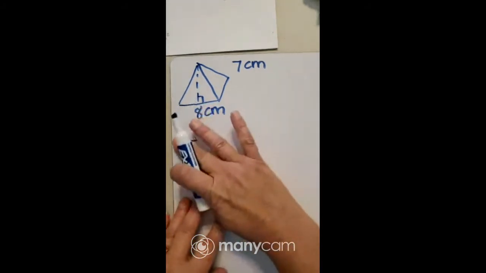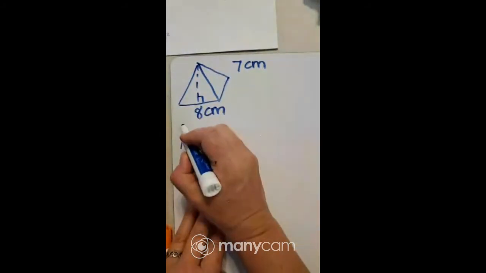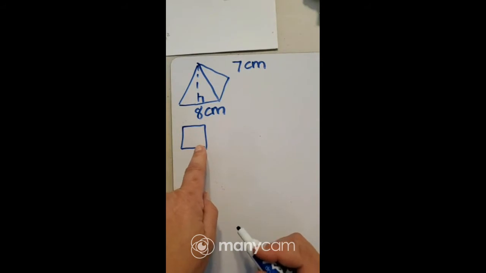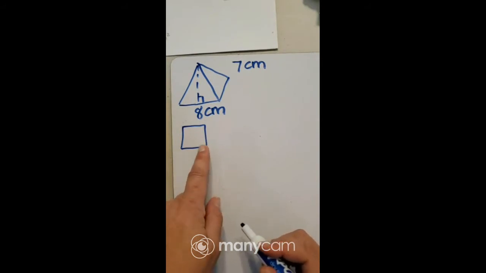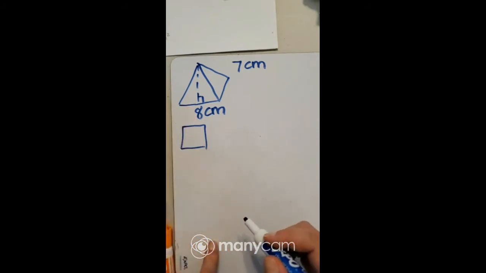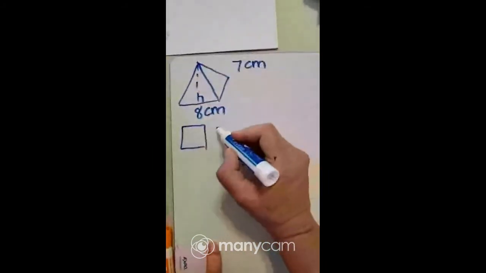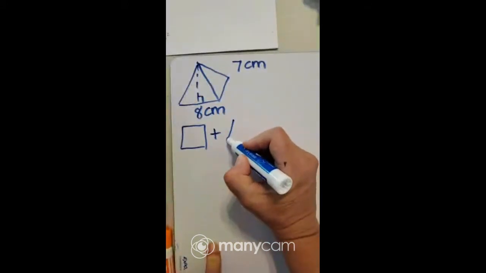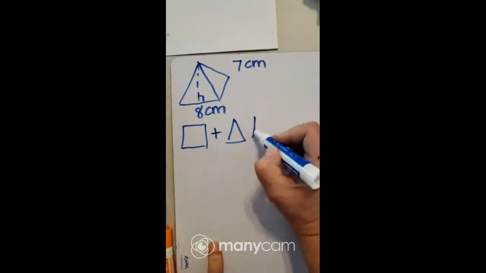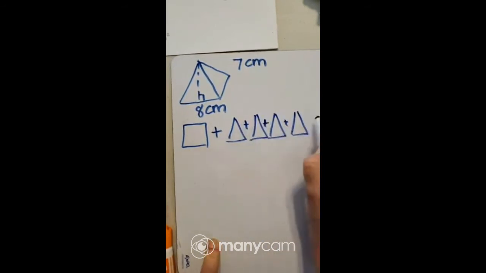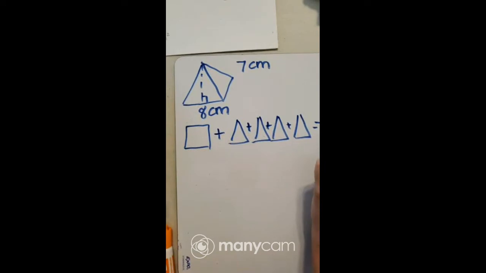Let's just start with the base. The base is a rectangle. It has 4 edges. Each of those edges is a triangle that comes together at this point right here. So there are 4 triangles. So you have to add the base plus 4 triangles. This gives us the surface area.